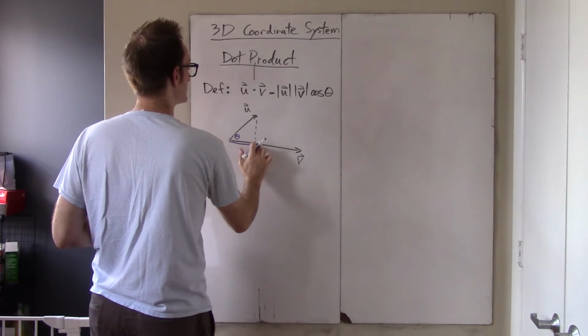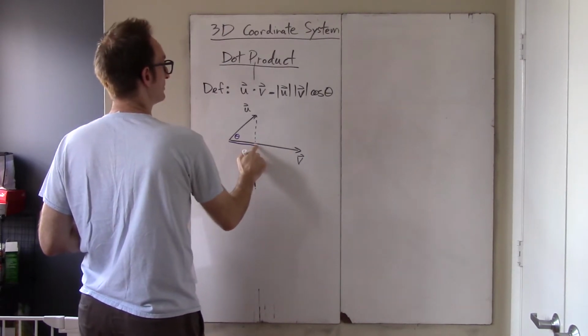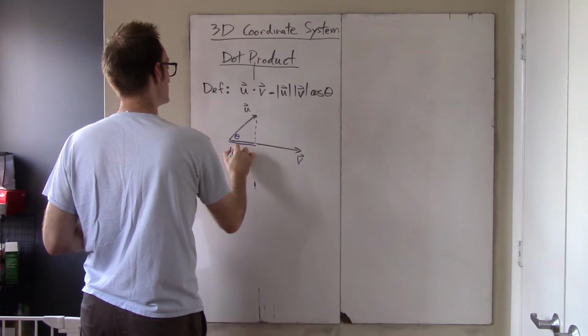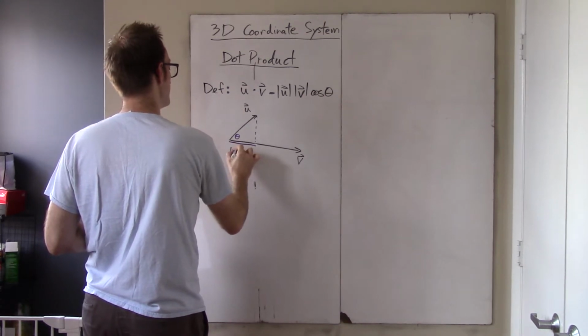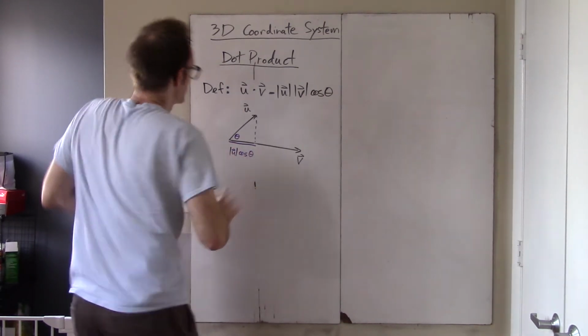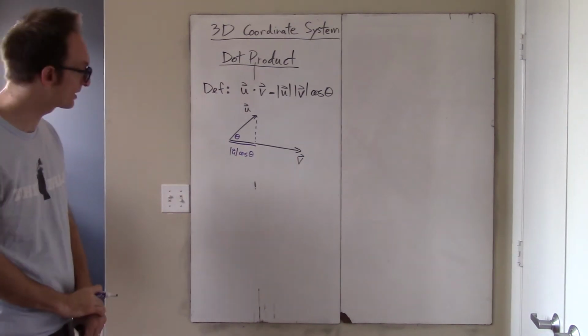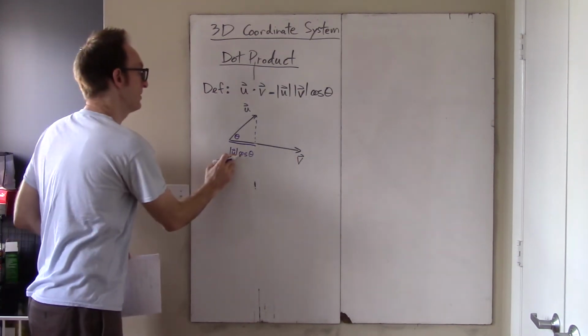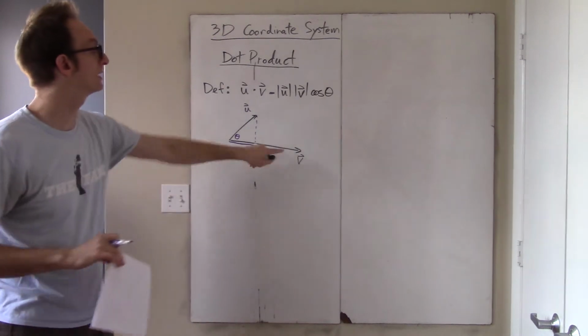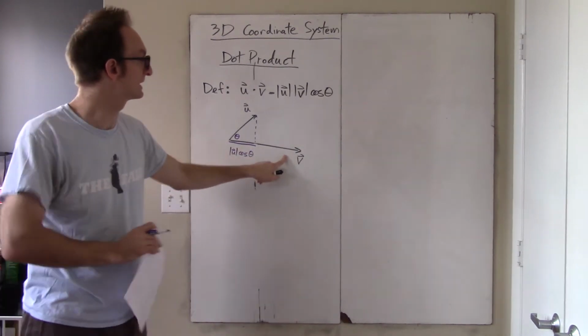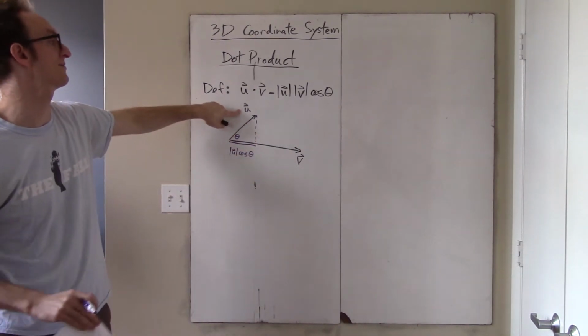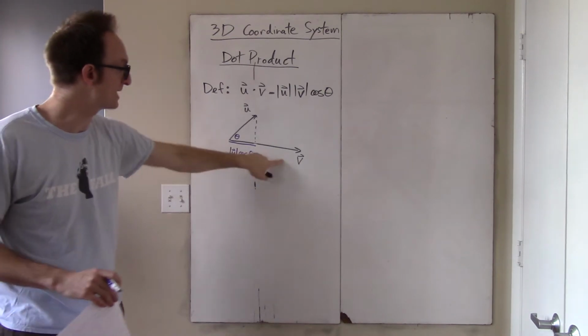Just think of what is this length? What is this purple length? Well, it's the magnitude of u cosine theta. And so what you're really doing when you're taking the dot product of two vectors is you're multiplying the length of one vector times the length of the projection of the other vector onto that first vector.